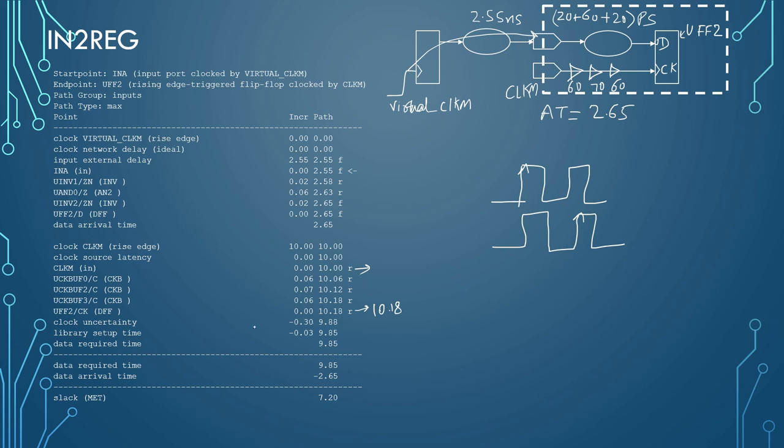But we also have clock uncertainty and library setup time, and we know that they get subtracted from the required time, because your data must be stable before the edge; all clock related constraints are subtracted. So 10.18 minus 300 picoseconds of clock uncertainty, which covers skew and jitter values, and minus the library setup time of 30 picoseconds.